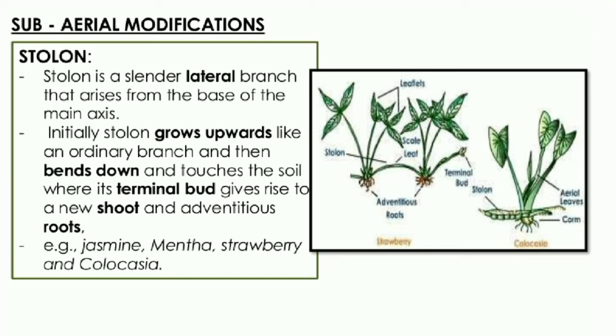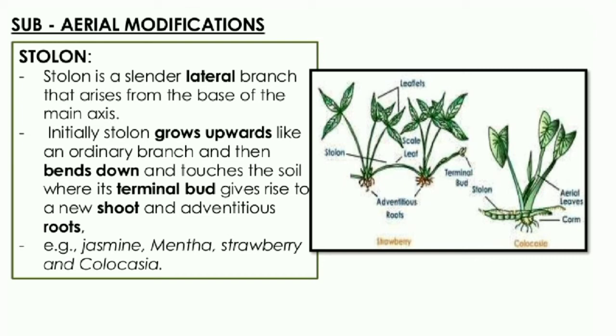Initially the stolon grows upwards like an ordinary branch, but it bends down and touches the soil, where its terminal bud gives rise to a new shoot and adventitious roots.